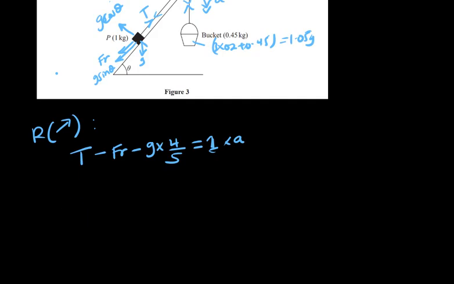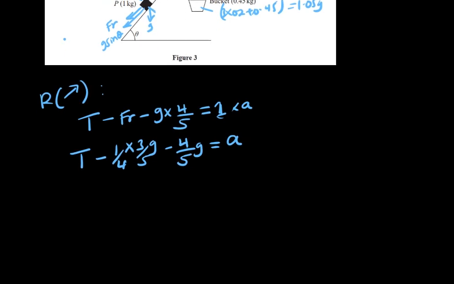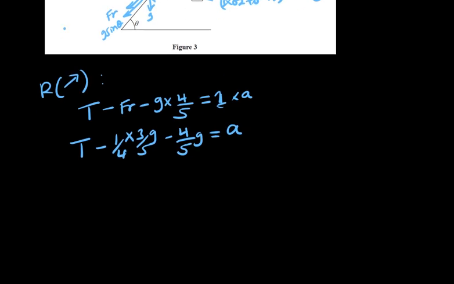We can get two equations in terms of T. So we have T minus friction, which is a quarter, times the normal reaction force, which we got as 3/5 g, minus 4/5 g equals the acceleration. This gives us T minus 3/20 g minus 4/5 g equals a.